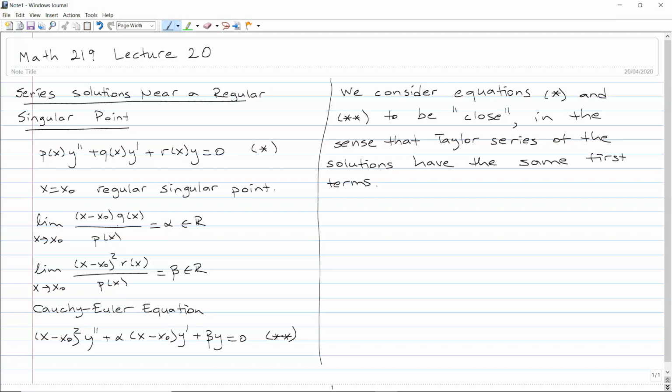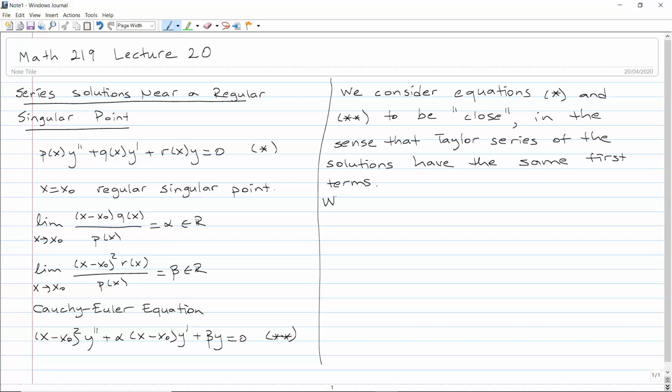For q over p, the coefficient of y prime, the first derivative, if the function has a zero of second order, then the derivative has a zero of first order. So for q over p, you multiply with x minus x0. For r over p, you multiply with (x minus x0) squared. If what I'm saying doesn't make sense to you, don't worry about it. This is some theoretical background reasoning behind what we are going to do.